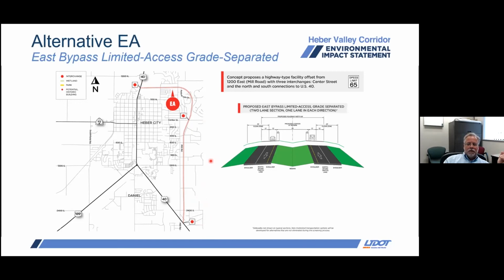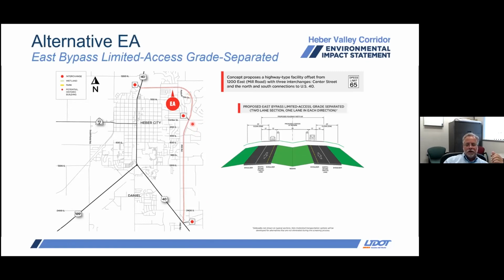This alternative would use the east bypass currently being constructed north of Center Street as much as possible. However, the road that's currently being constructed is at a lower design speed. So as we go around this curve here, it does diverge from the current alignment, the current road that's being built.